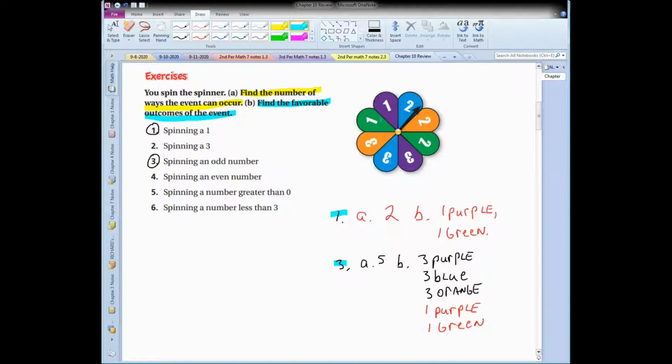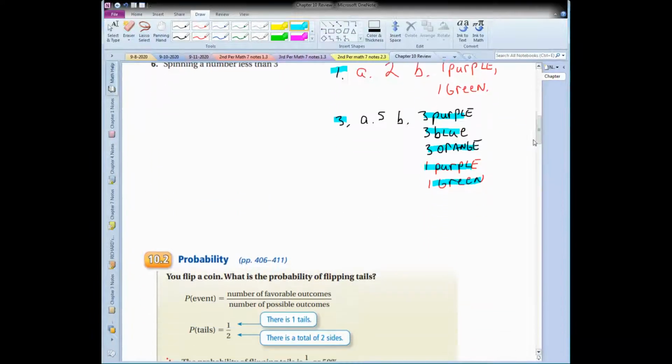There's 1 and 3, but there are multiples of each. So there are 5 total ways the event can occur, and then I list the 5 favorable outcomes. That's pretty much how you do those problems. You guys can do the rest.